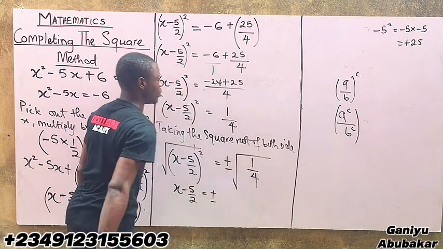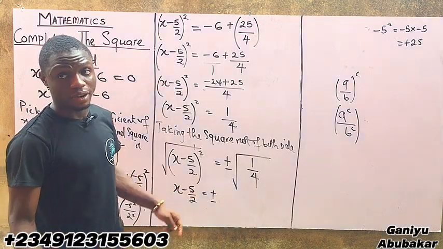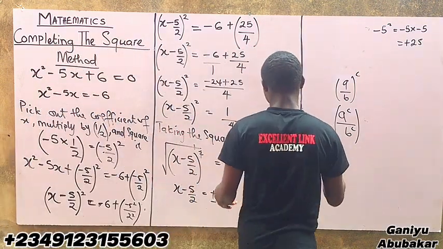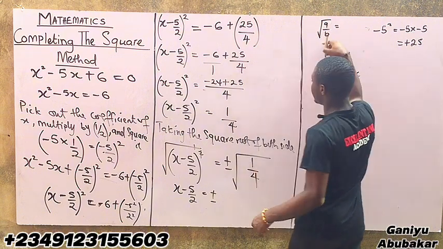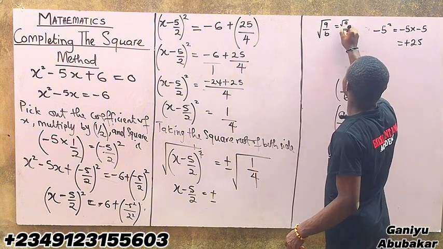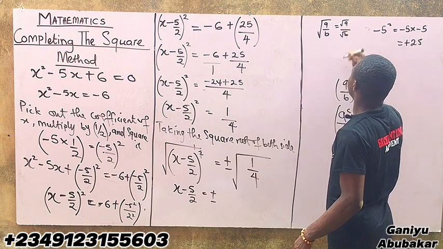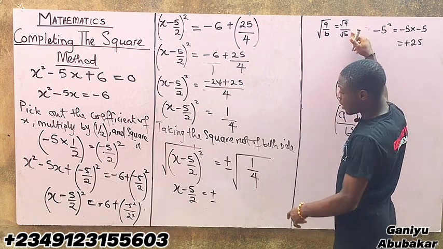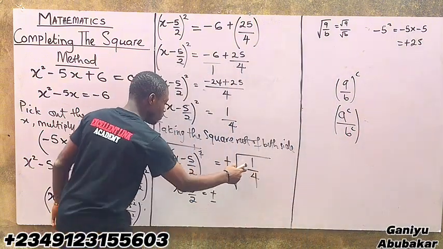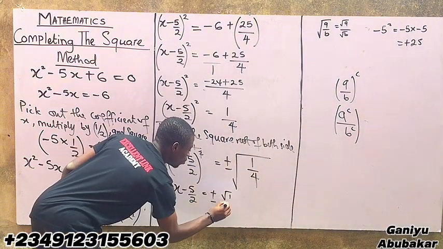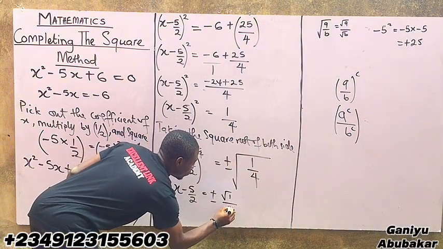I'll take this to the idea of surds. If I have root a over b, this can be written as root a over root b, separating them. So I'll use the idea of surds here to separate them. So from here I'll have root 1 over root 4.